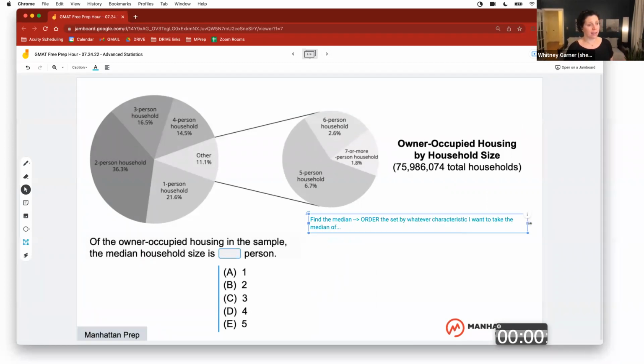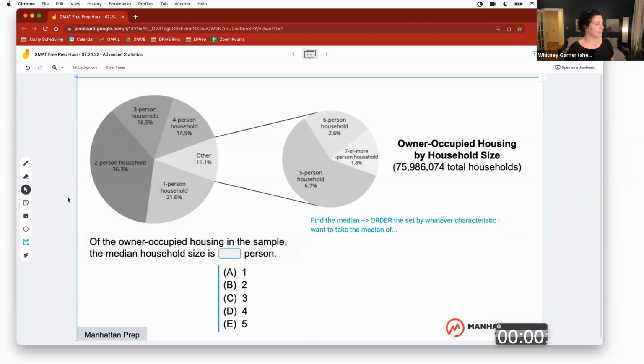So in this set, I'm taking the median household size in number of people. So what I would do is start listing out where the median would be by saying, okay, here's this insane number of houses, but I'd take the first person, that's the smallest, a 1-person household. I'd start listing out 1, 1, 1, 1, 1, 1.